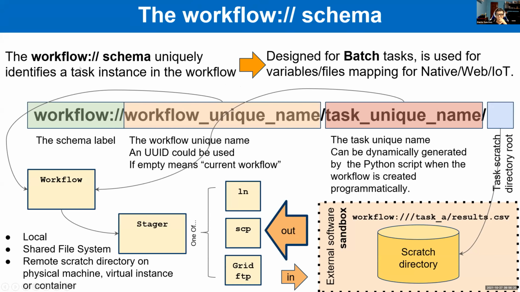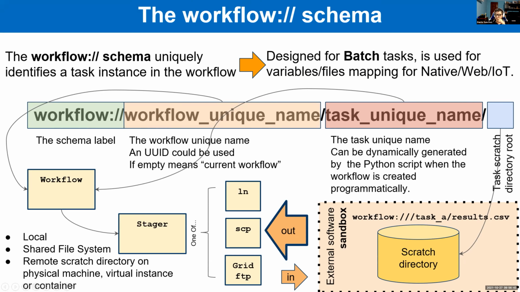The workflow scheme uniquely identifies a task in the workflow. As we can observe, first is the scheme label. This is the workflow name. Then is a unique ID for each workflow executed. And then is the unique ID for each task in the workflow.